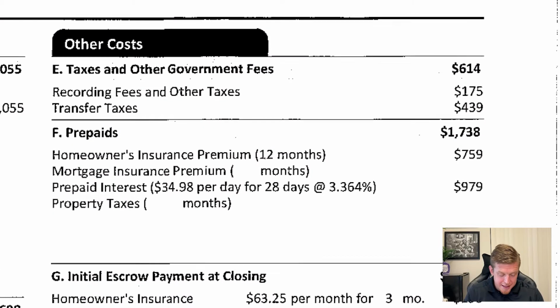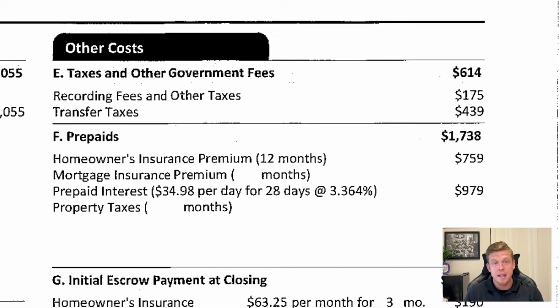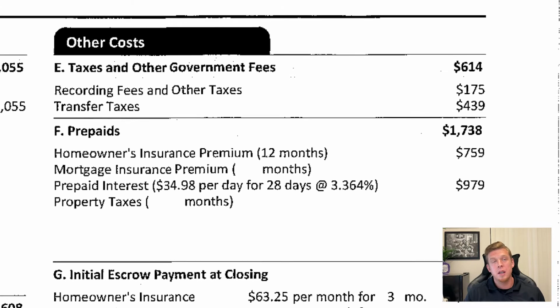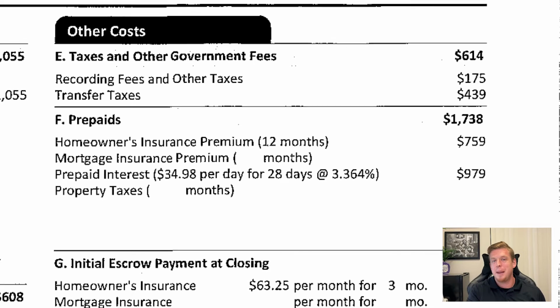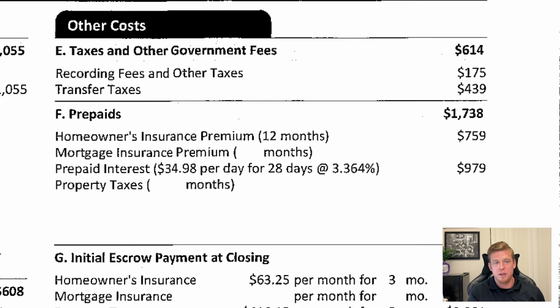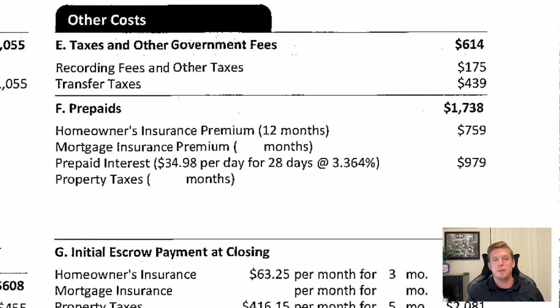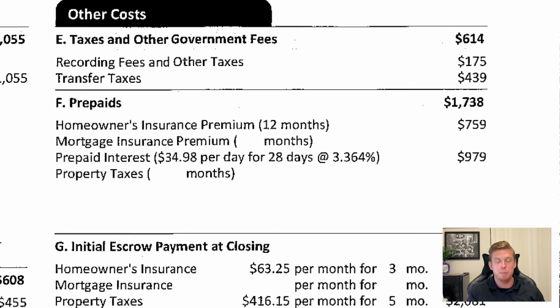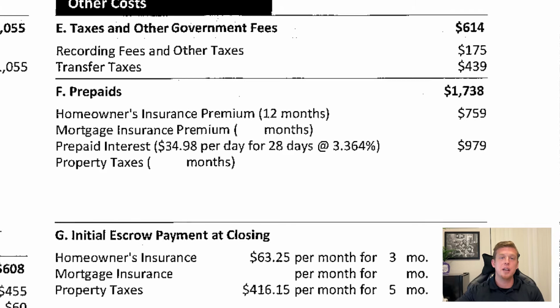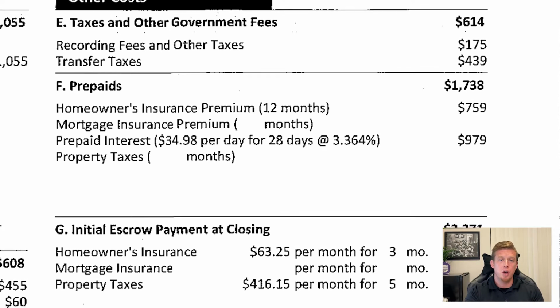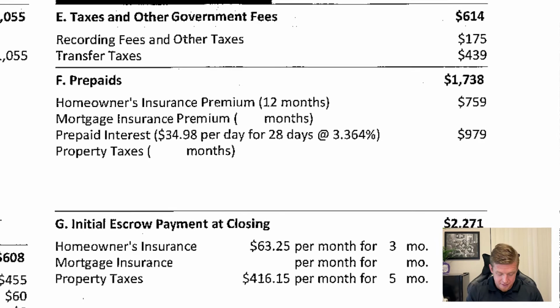F on the right side is prepaids. And like I said, if you want a good video on what escrow accounts is, type that into YouTube. I think I've got a video out there somewhere on what escrow accounts mean, how they work. But prepaids is a good word because you're prepaying into an account that's later going to be used to fund homeowners insurance and taxes.